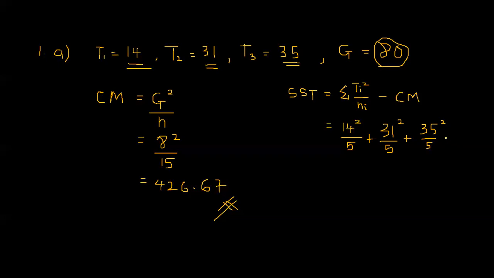And then minus the value of CM. The value of CM that you got here is 426.67. So minus 426.67. When you calculate all the values, you will get the SST is 49.73.